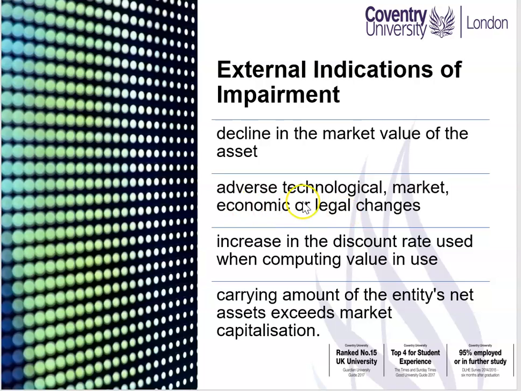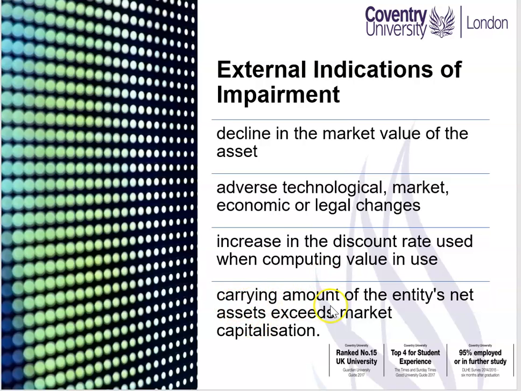So these are adverse market economic changes. So that will trigger impairment testing. Any increase in the discount rate: to calculate the value in use, we use a discount rate. The higher the discount rate, the lower the value in use. So when there is an increase in discount rate, that would be a trigger for impairment review.